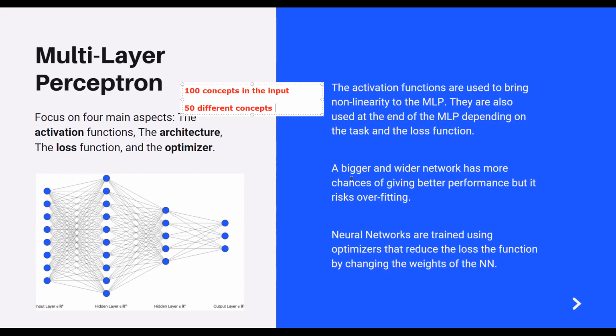And then we map them into 20 different concepts. But these concepts are higher level. So for example, here we had a concept such as age. Here we have a concept such as, does it eat meat or is it vegetarian? So here we have a higher level concept.